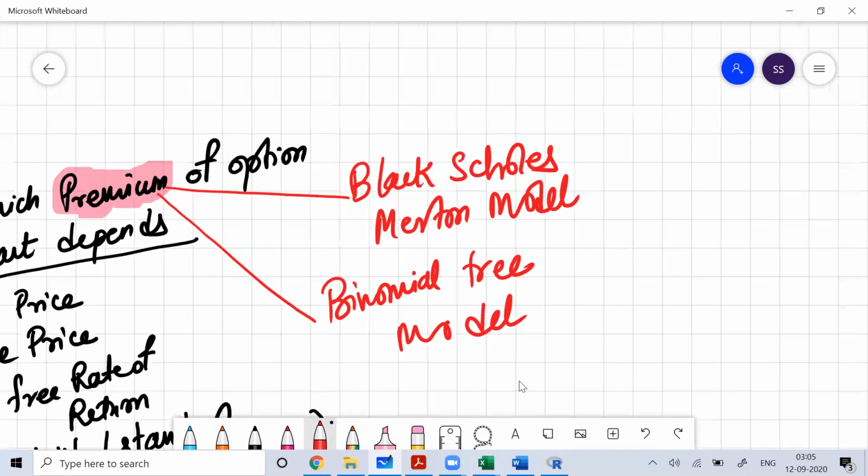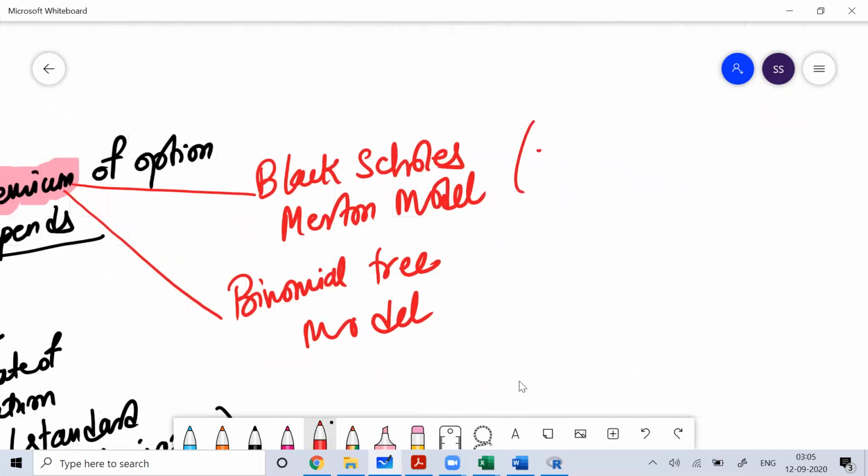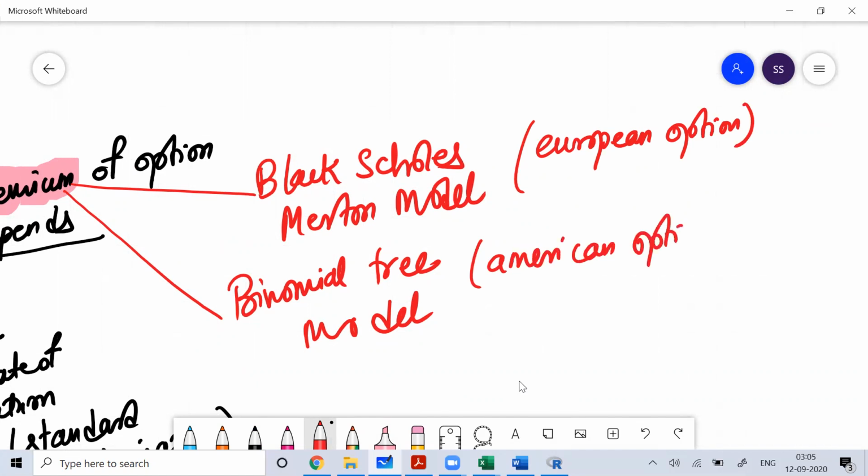Normally we use the Black Scholes model for European option contracts, and the binomial tree model for American option contracts. European options are those option contracts which expire only on their maturity date. Such option contracts which expire on their maturity date are called European option contracts.